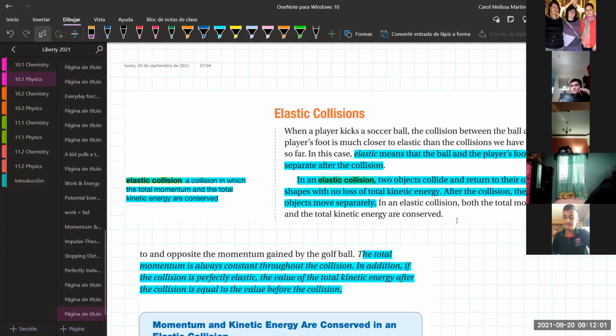But in the end, the two objects are not going to stick together. They will be separate after the collision. And another important thing is, it says they return to their original shapes. That is important because that means the objects are not going to be deformed after the collision. In elastic collisions, that's why it is elastic, they return to their original shape.